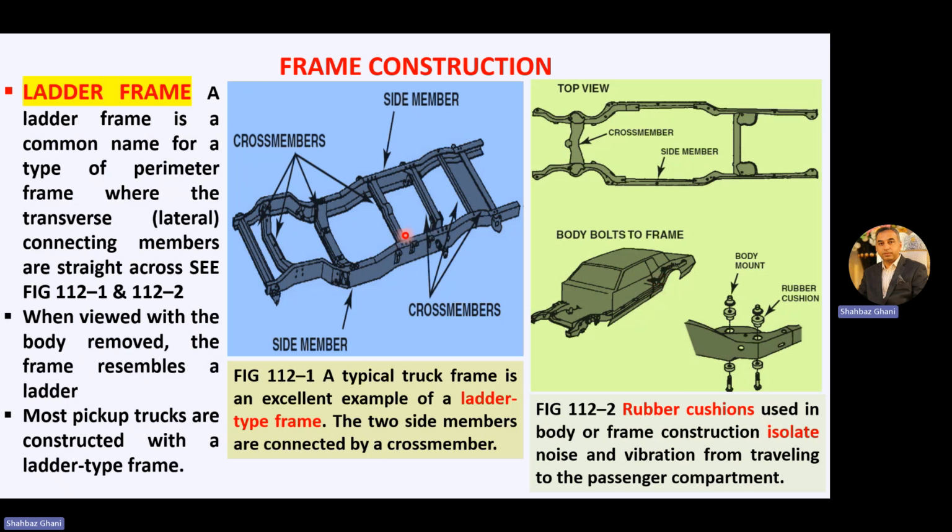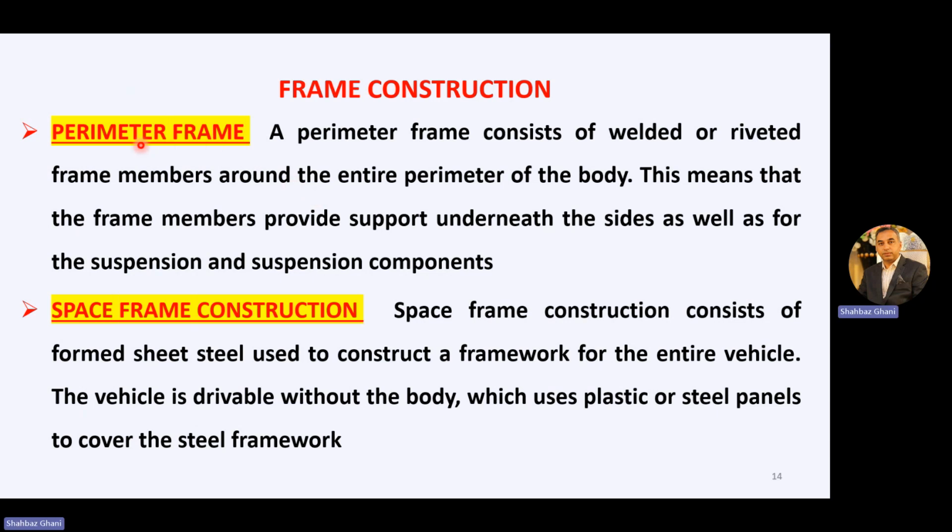So when we join this metal structure with the upper body, we place rubber cushioning here to provide isolation of the noise and vibration from the road to the passenger compartment.